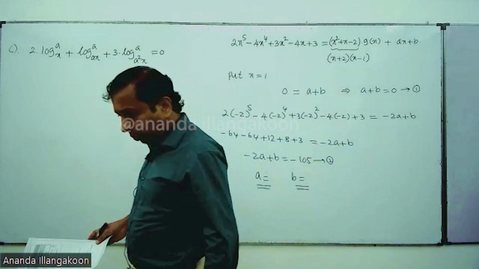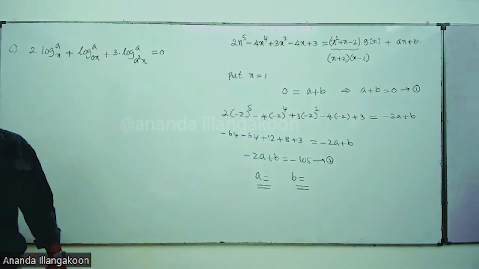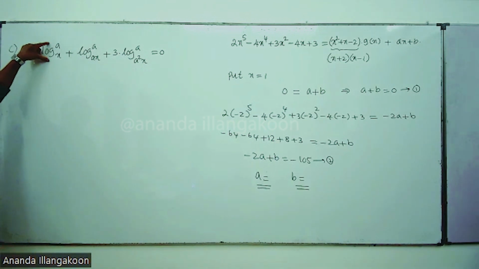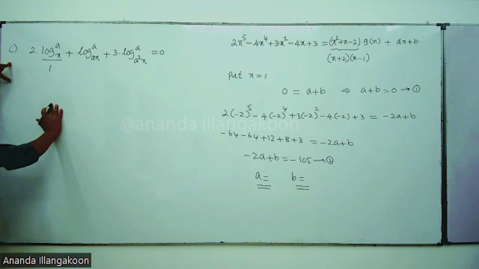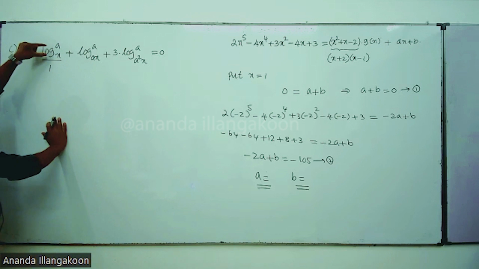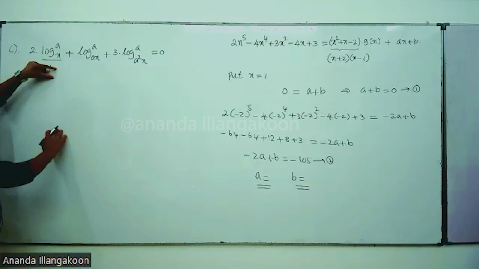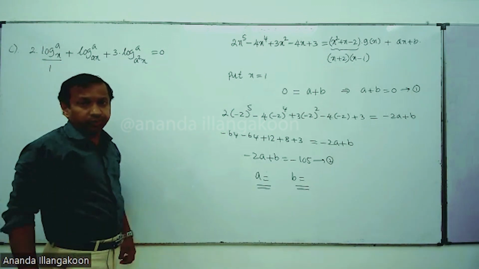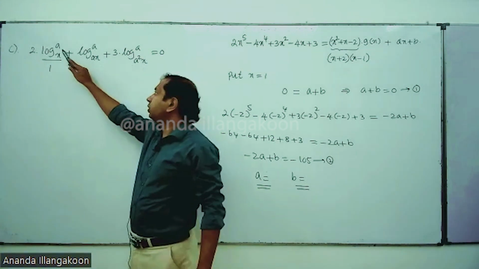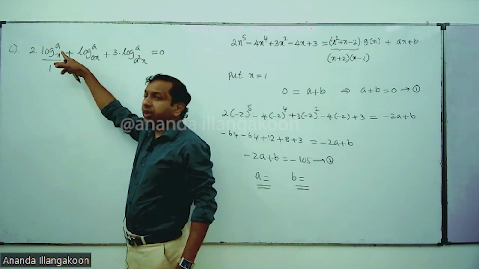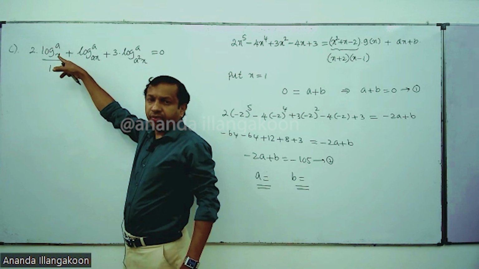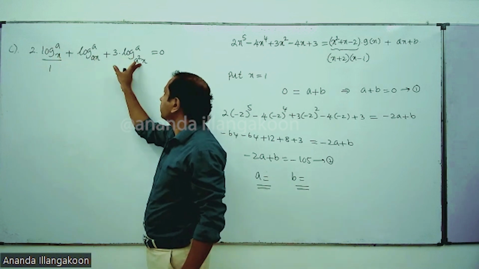Now, this is how we solve that. This log term, at the moment it is here, its denominator is 1. This log term I can take to the denominator from the numerator. Then you have learned one rule. What is the rule? When I take this to the denominator, the number and the base exchange their places. The same thing I do for this term and this term.